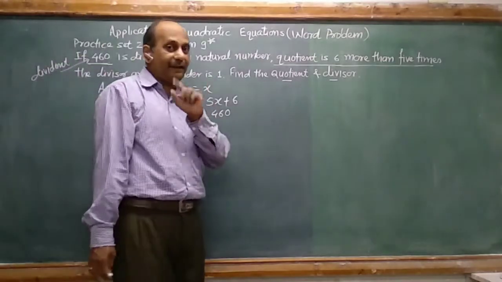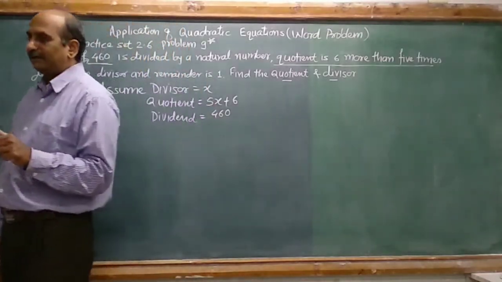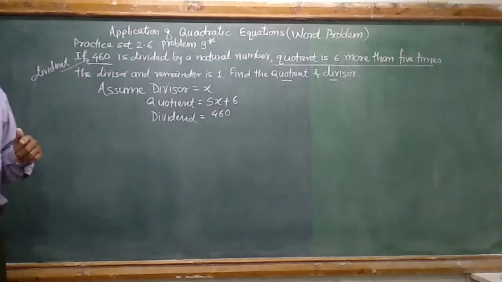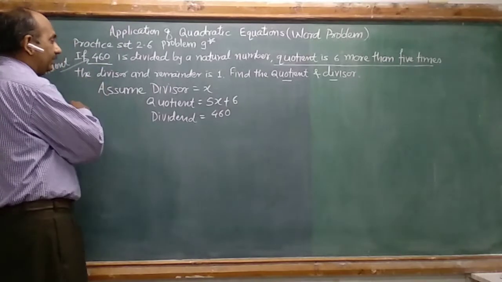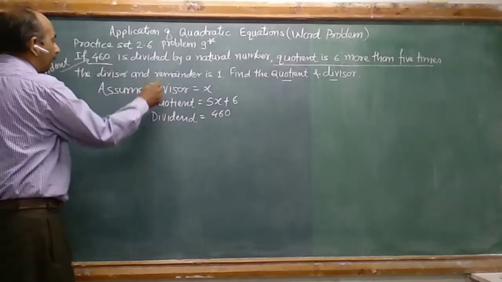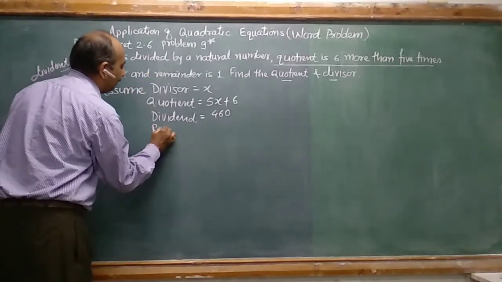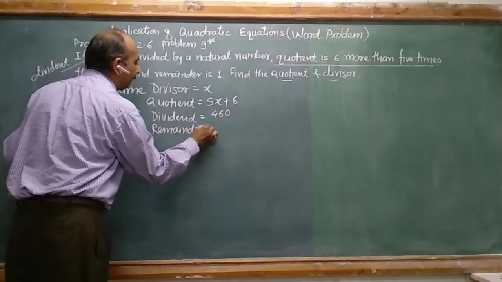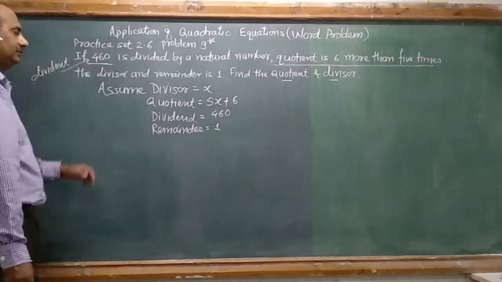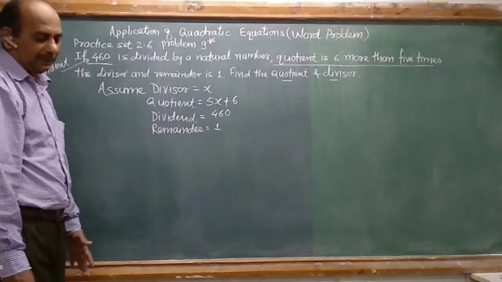Now in 9th standard you have studied the synthetic division method, and in the synthetic division method you have seen the formula. Here the remainder is also given. Remainder is 1. Therefore, what is our formula?